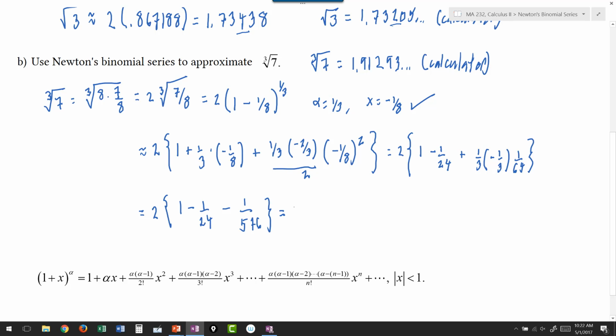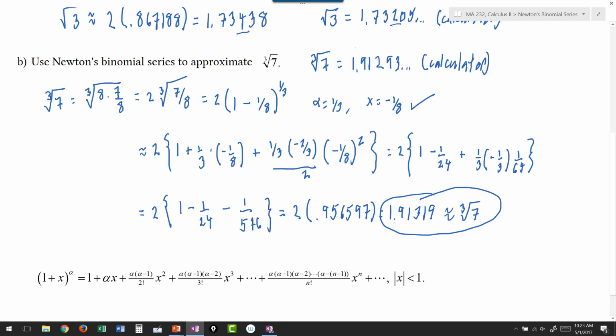The approximation is 2 times, so multiplied by 2, I get 1.91319. So this is approximately the cube root of 7.